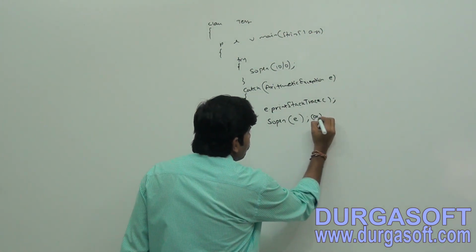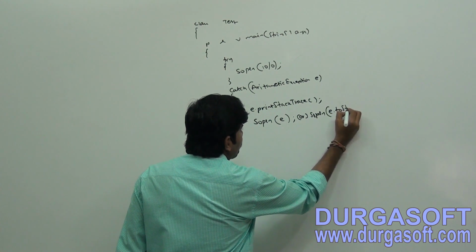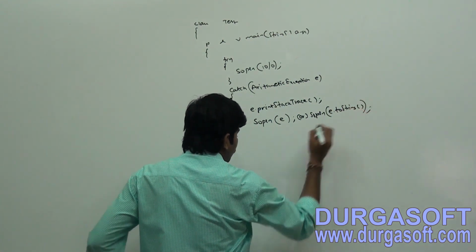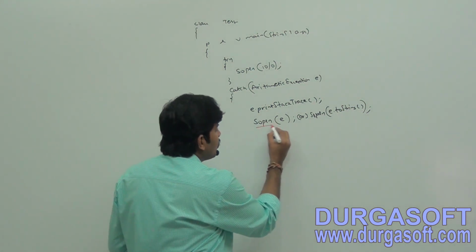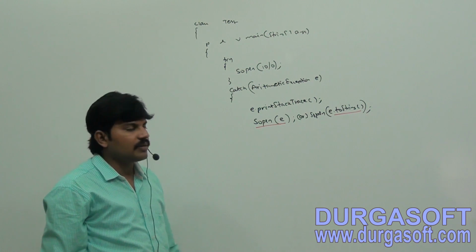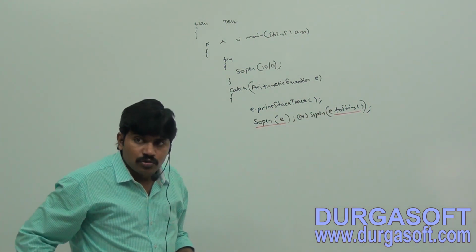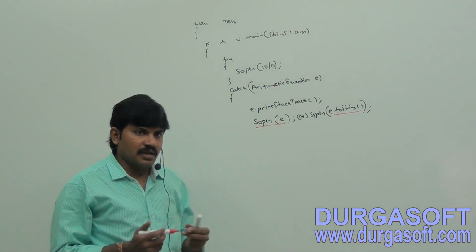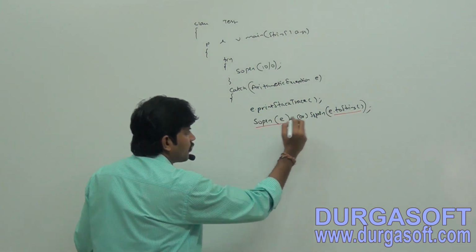Or System.out.println(e.toString()). Can I say both are the same or not? System.out.println(e) and System.out.println(e.toString()). Whenever we try to print any object reference, internally which method will be called? The toString method will be called. Same thing only.